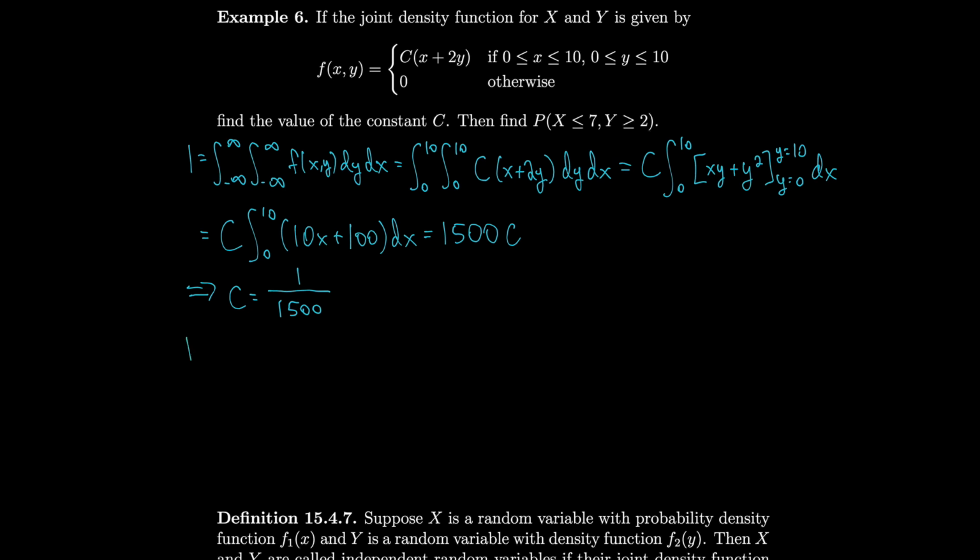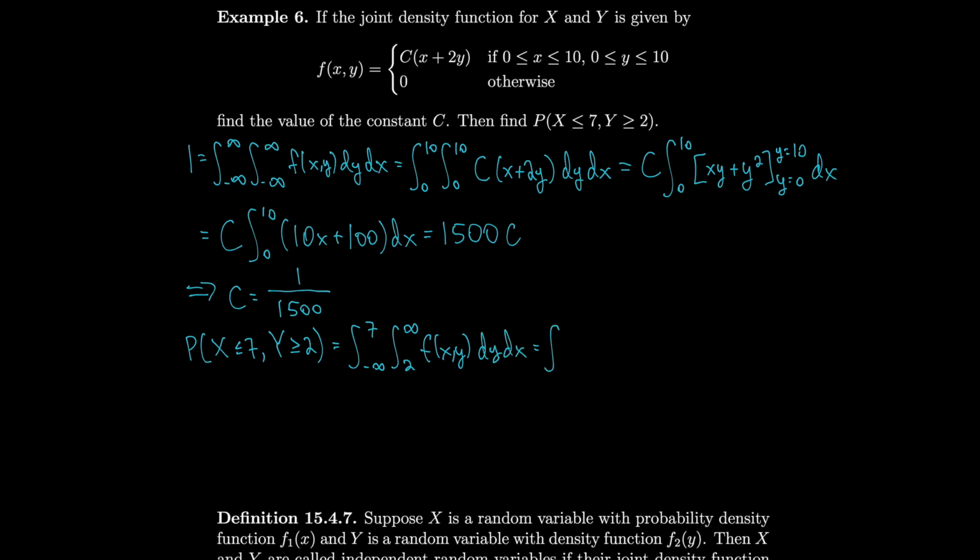So now let's get the probability that x is less than or equal to 7 and y is greater than or equal to 2. So that's just equal to the integral from minus infinity to 7 for x, and then 2 to infinity for y of f(x, y) dy dx.